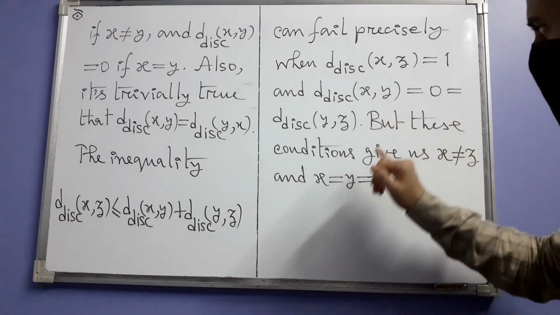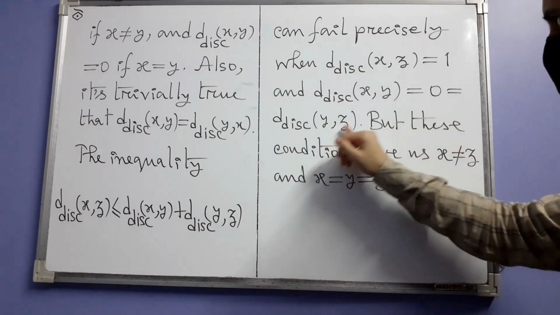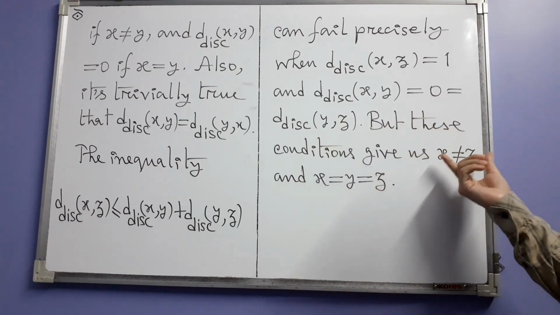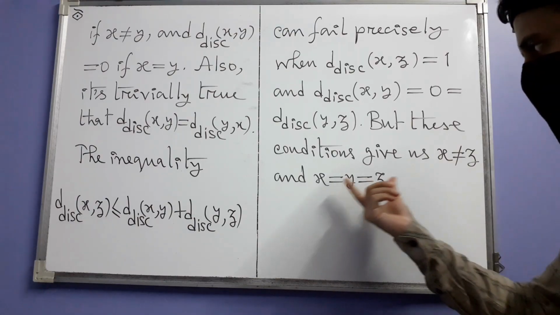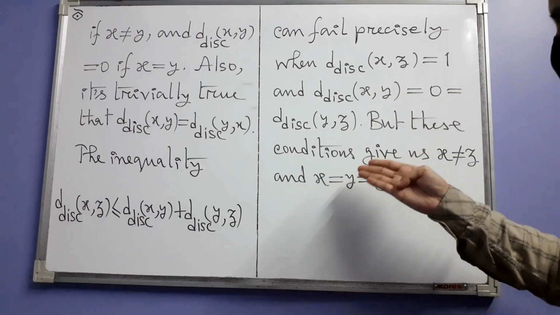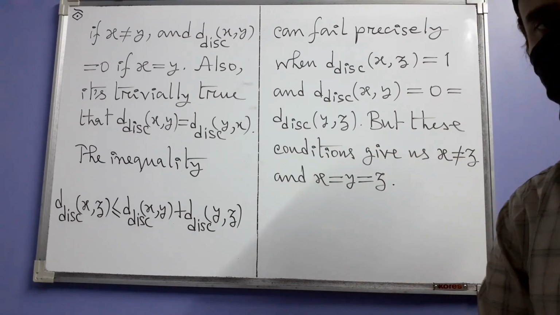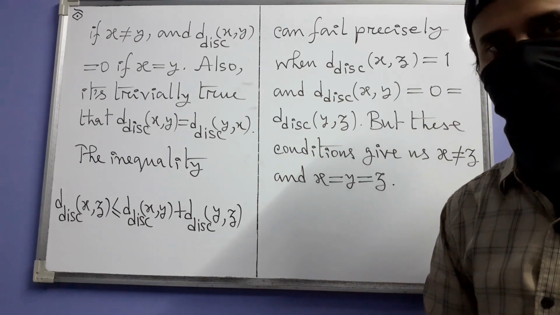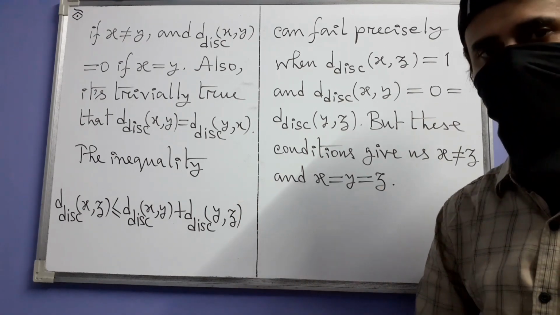So this being 0 means x is equal to y, and this being 0 means y is equal to z. So on one hand we are getting x to be different from z, and on the other hand we are getting the fact that they have to be the same. So these conditions cannot hold actually. In the other cases the inequality is obviously true. So that's how we have our triangle inequality.